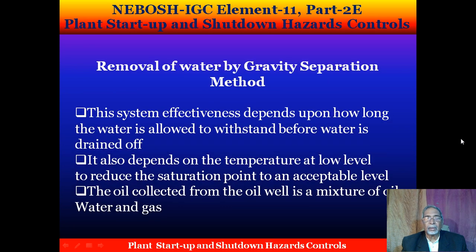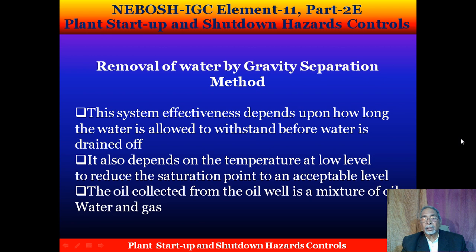In this gravity separation system, the effectiveness depends upon how long the water is allowed to settle before it is drained off. It also depends on the temperature at low level. It reduces the saturation point to an acceptable level.